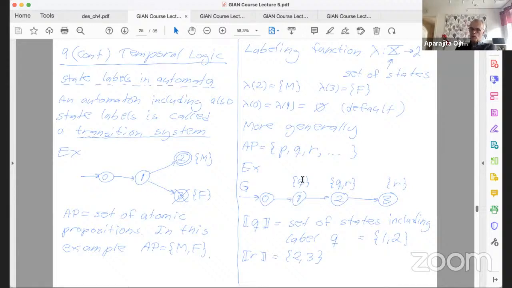In state 1, I also have immediately Q, and also in state 2, I have immediately Q. While in state 3, I cannot get any Q at all if I go further. Actually, this is the terminal state, so I cannot do anything more, but Q is not true here. So that means that it is only in states 0, 1, and 2 that it is true that there exists a path where you have eventually, finally, Q.